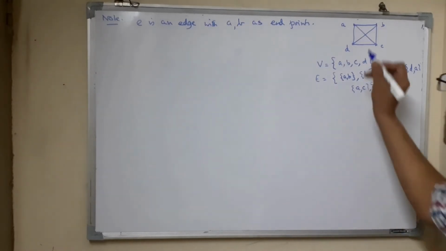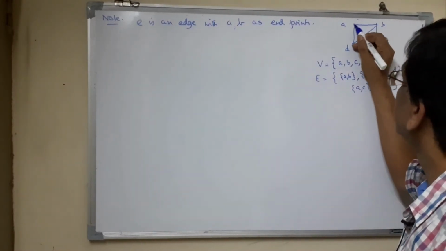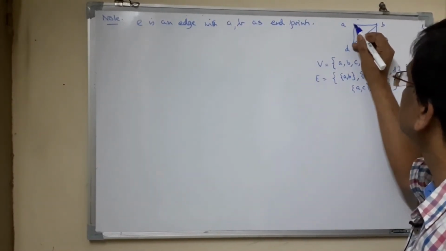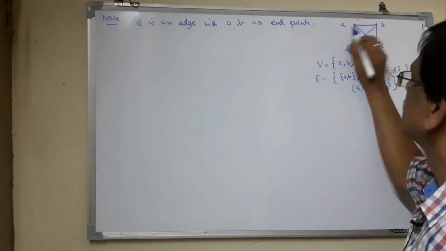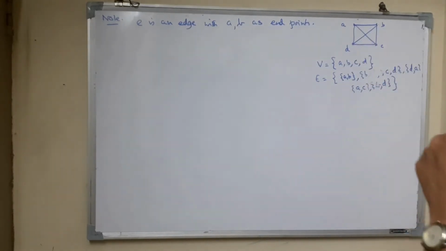That means if you see from this, A is an endpoint. If you see this, B is an endpoint. So E is an edge with A and B as endpoints.